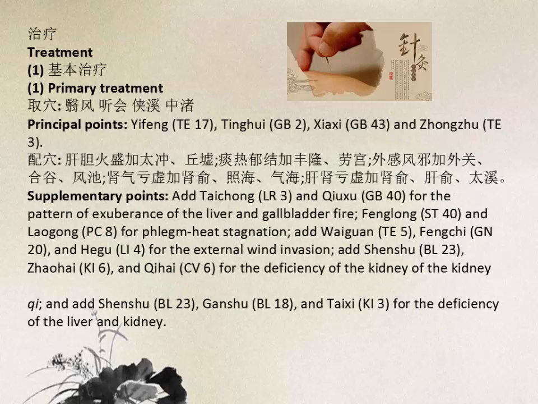Major treatment. So principal points are basically local, with the exception of the Shaoyang points. If you notice, the points listed here are gallbladder and Sanjiao. Sanjiao 3 is the shu-stream point, right?